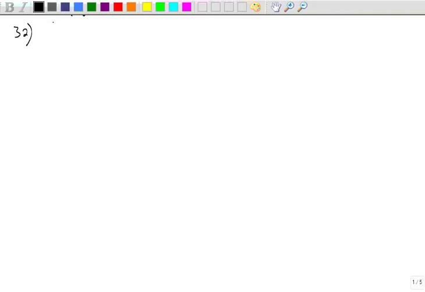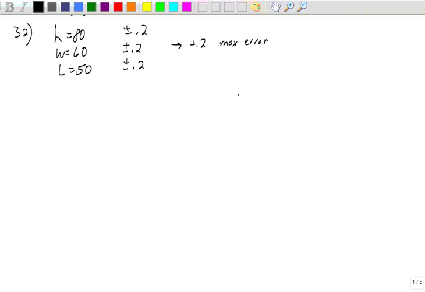Okay, 32, I'm just going to say the height is 80, doesn't matter. The width is 60, the length is 50. All of these are off by 0.2. We want the maximum error, so we use a positive 0.2 for maximum error. Let me just draw this box. Call this the height, the length, the width.